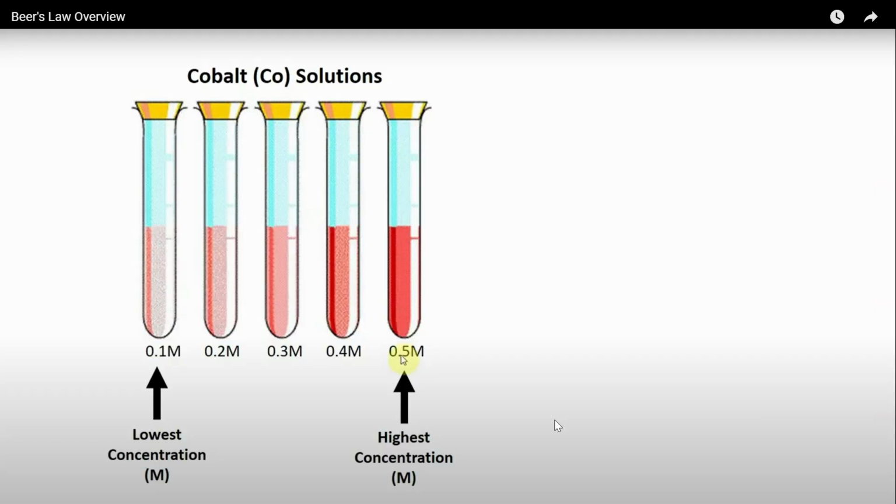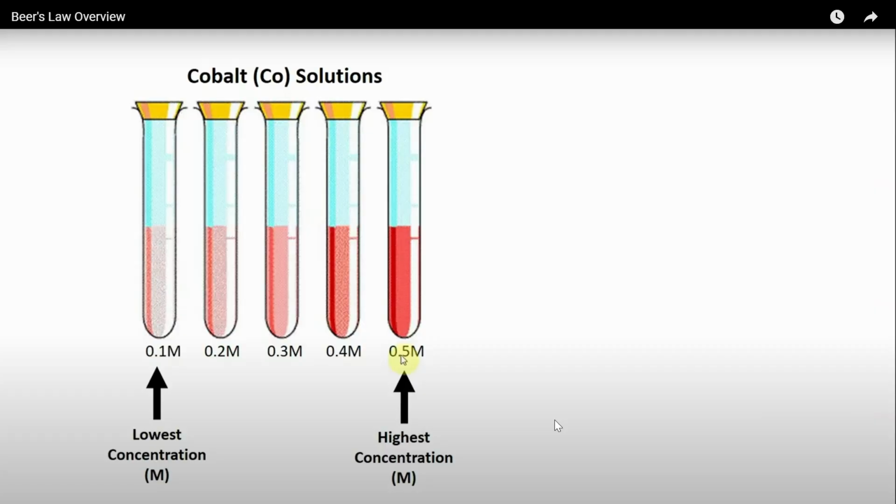Not an Erlenmeyer flask. This is Erlenmeyer; it's good for a titration. Do you guys remember what this is called? Volumetric flask. Yes, that's a volumetric flask.